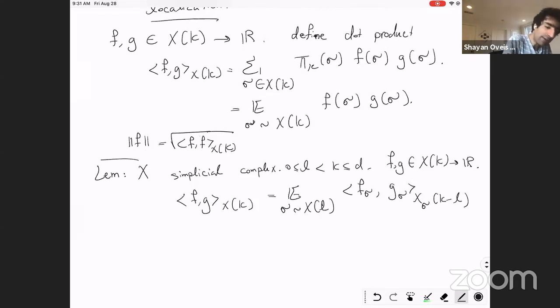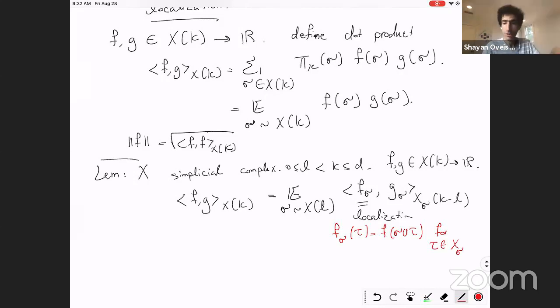So what do I mean by f of sigma? f of sigma of tau, sorry. So f sigma here is the so-called localization of f. So this is called localization. f of sigma of tau is equal to f of sigma union tau, for tau in X of sigma.